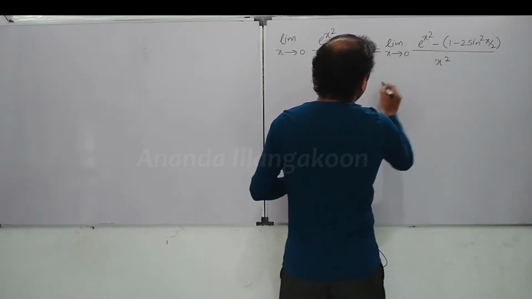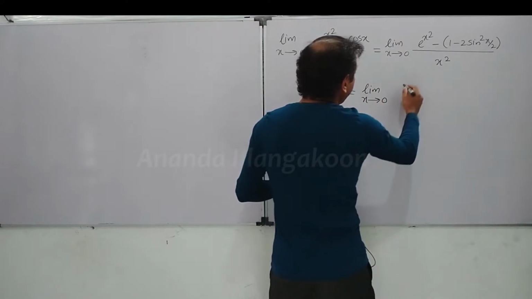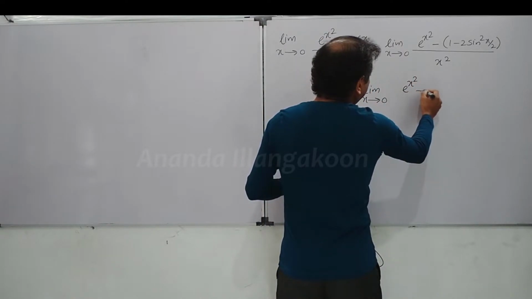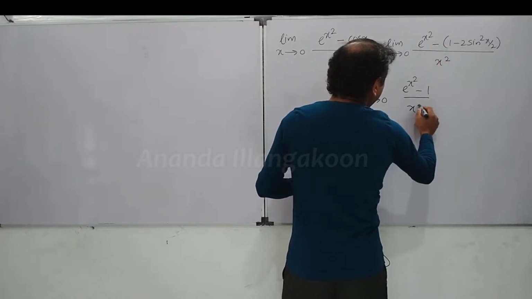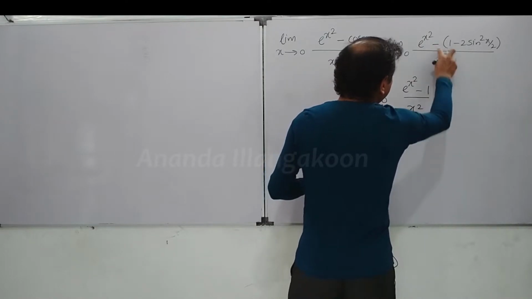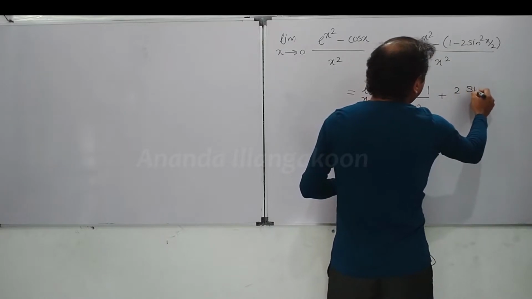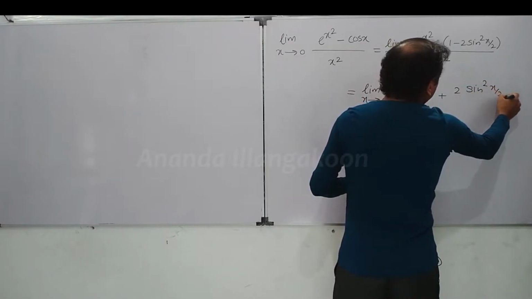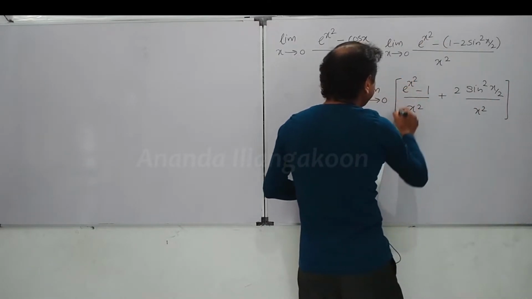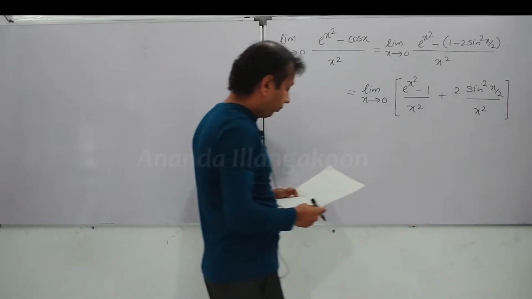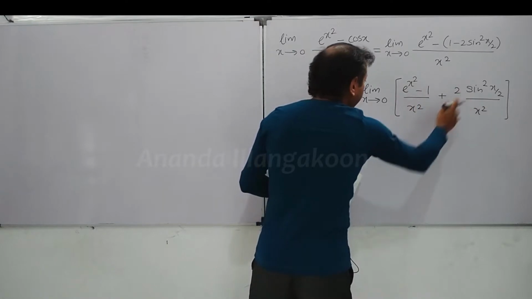Now I can remove the bracket: limit x going to 0, (e^(x squared) minus 1) divided by x squared, and minus minus is plus, 2 sine squared x by 2 divided by x squared. This way I can write by separating. Now I can apply the limit for this one here and here separately.